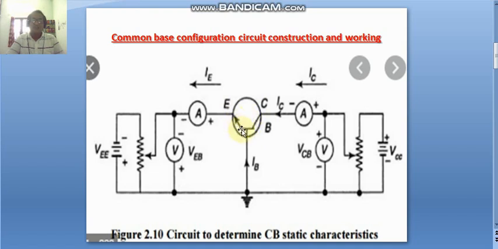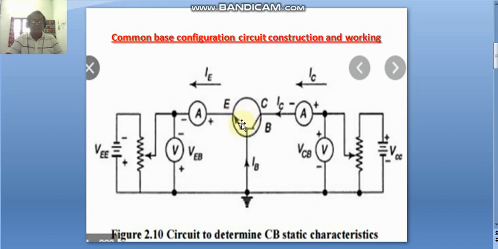On the basis of the conventional direction of the current, we recognize the type of transistor. Here the conventional current direction is away from the base to the emitter, so this is an NPN transistor.